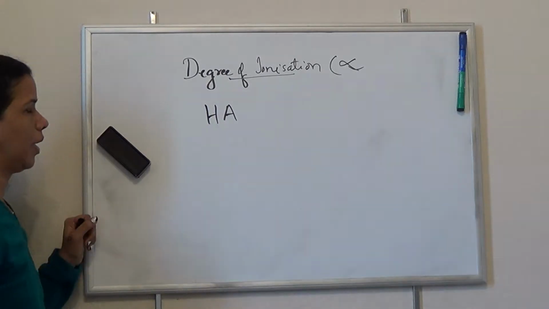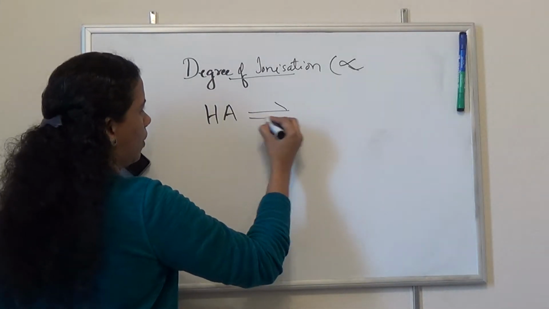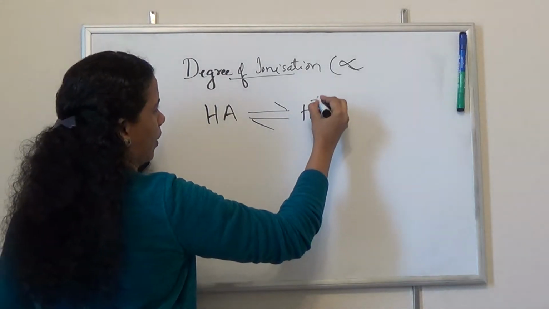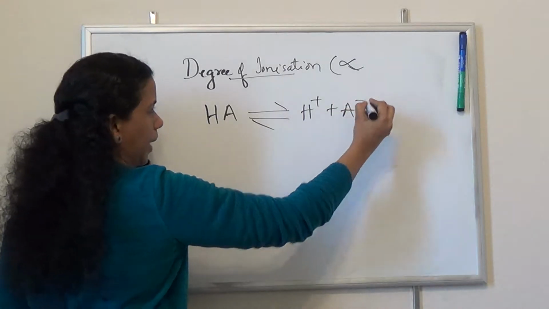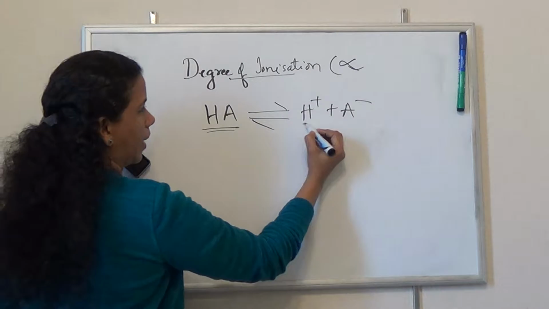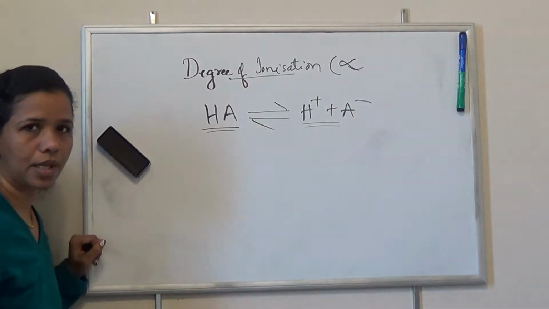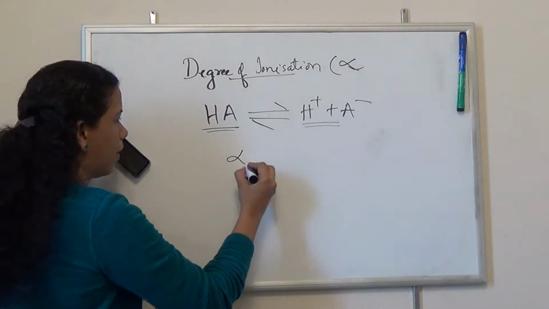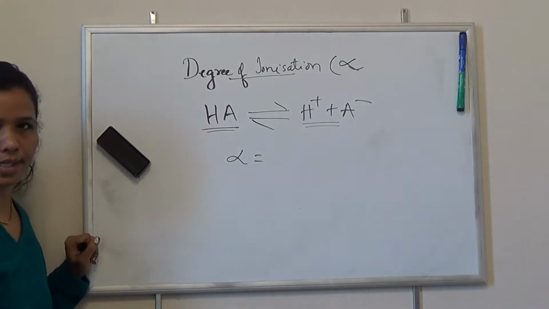Molecules on dissociation produce positive and negative ions. This is the undissociated molecule and the dissociated ions. Their ratio is called the degree of ionization.